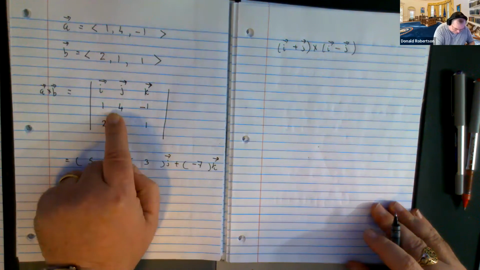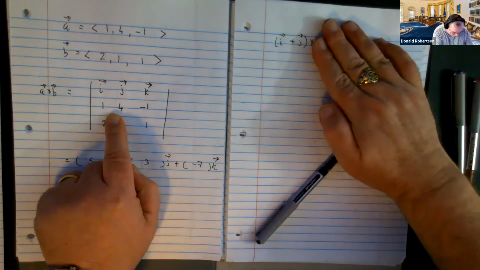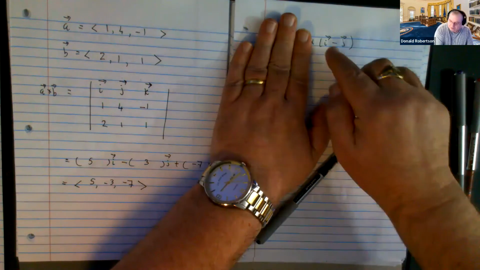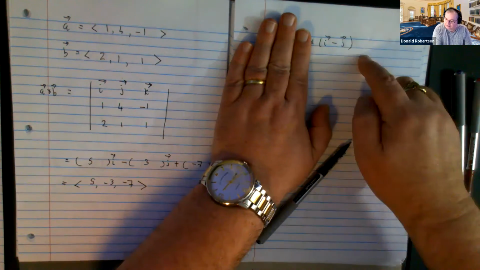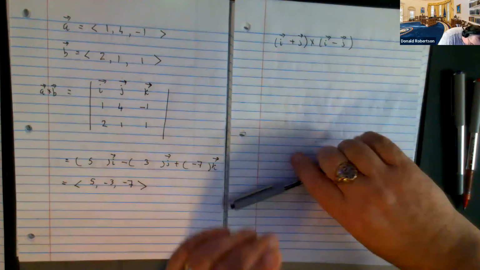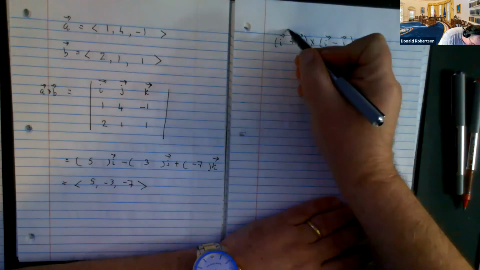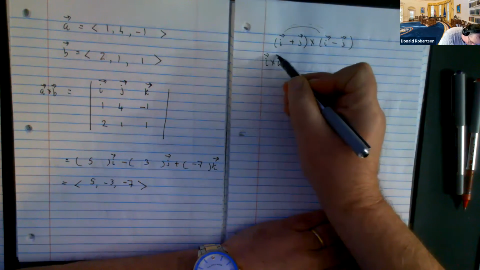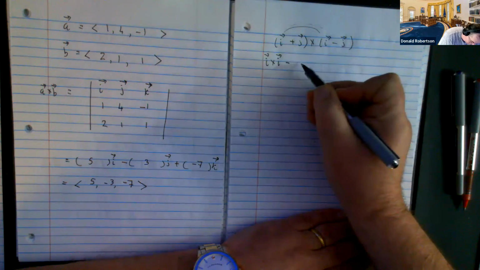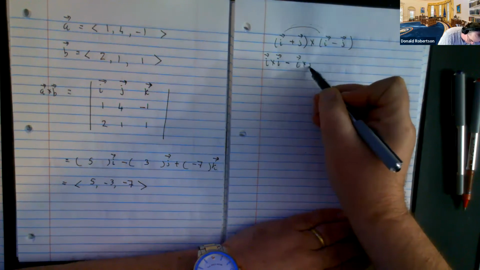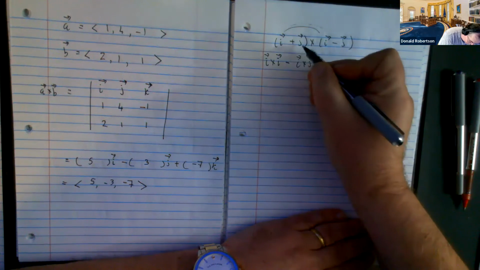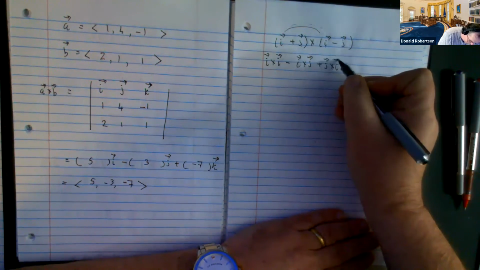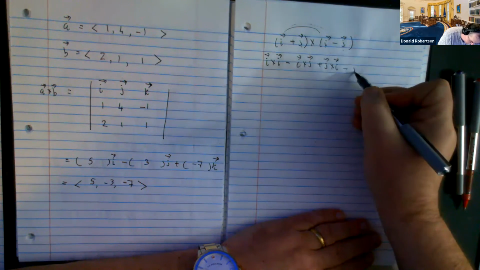Now, if I wanted to do this in component form, wouldn't this be 1, 1, 0 cross product with 1, negative 1, 0? Agreed? Let's see what that would look like. You FOIL it out. So you're going to get i cross i, take away i cross j, going this way, plus j cross i, and then the last one is minus j cross j.